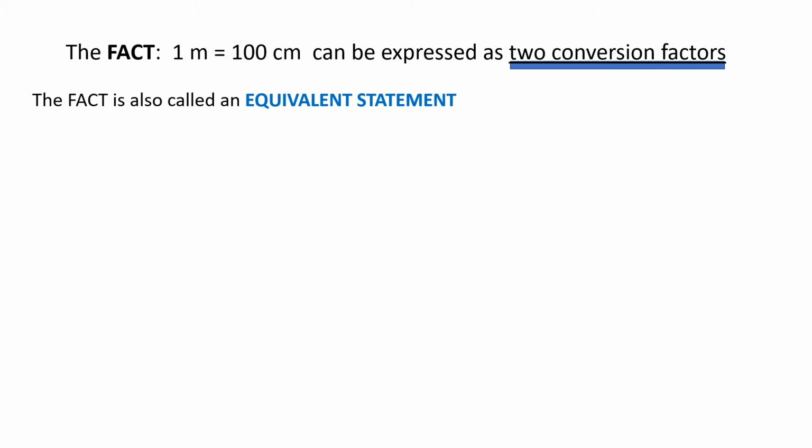So since we have an equivalent statement, 1 meter is equal to 100 centimeters, that can be expressed as 2 conversion factors, or in other words, these can be turned into a fraction. All right, so this is, again, the fact is an equivalent statement, but we can turn that equivalent statement into two different fractions, depending on what we put on top in the numerator and what we put on the bottom in the denominator.